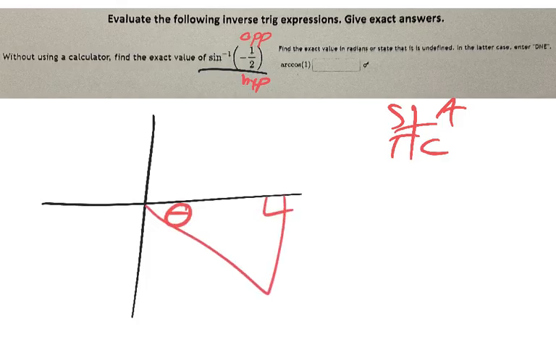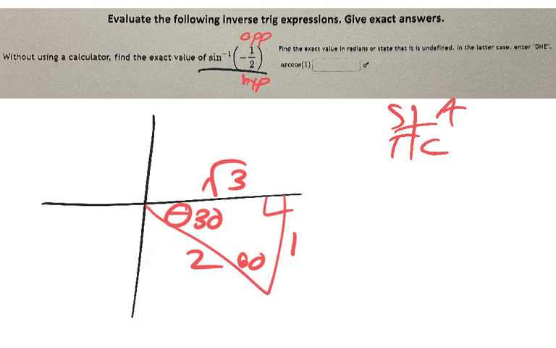I'm looking for this angle. Sine is a ratio of the opposite over the hypotenuse, which means this is a 1, radical 3, 2, which is a 30, 60, 90 triangle.